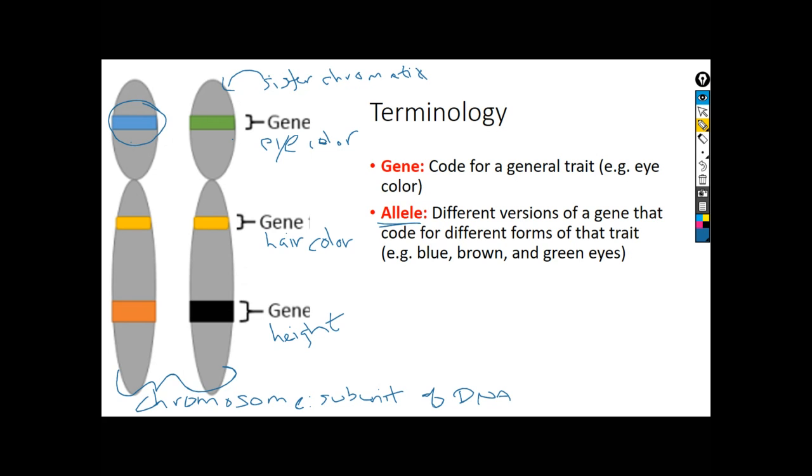And let's say this is the allele that makes green eyes, the variation of the eye color gene that makes green eyes. Okay, they're both eye color genes. They're both the same gene, but one makes blue eyes and one makes green eyes.